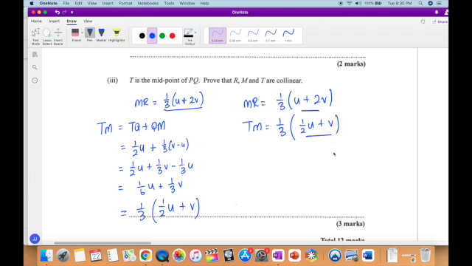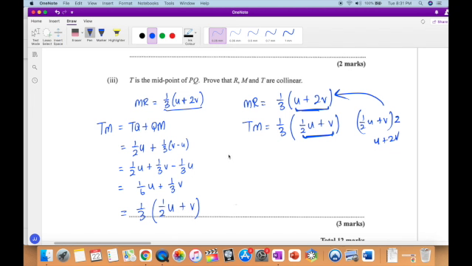Look at the vector inside of here. What do you notice? If I take this one and I multiply it by 2, I will get this one. If I take a half u plus v and multiply that by 2, I will get u plus 2v. So you can see here that they are scalar multiples of each other.